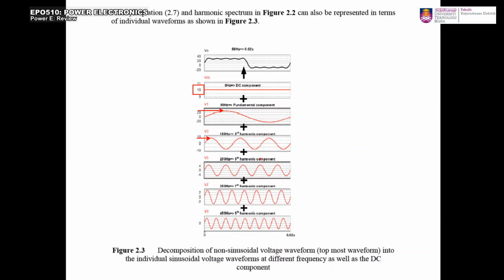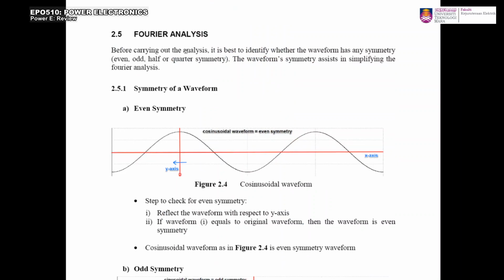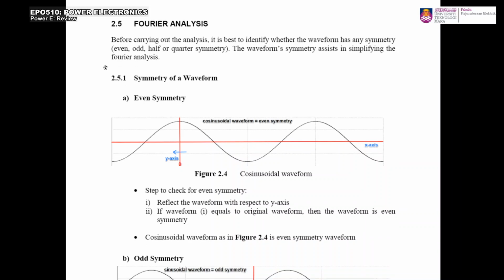It's very, very important for power electronics that you understand the Fourier series. And because of that, to carry out the Fourier analysis, we also need to look into the symmetry of the waveforms. Once the waveform symmetry is identified, it will simplify the analysis, because remember you have an to evaluate, bn to evaluate, and you have the whole period 0 to T to evaluate.